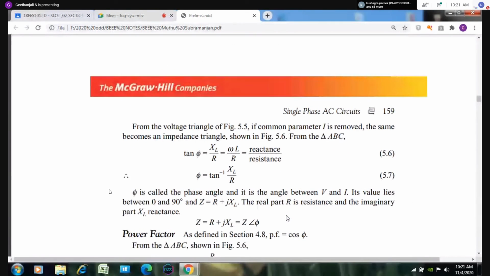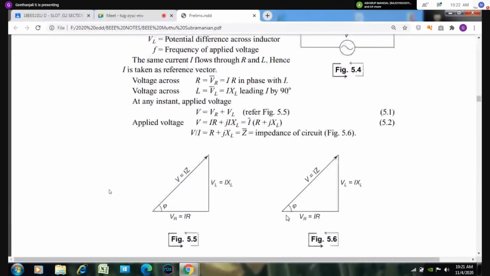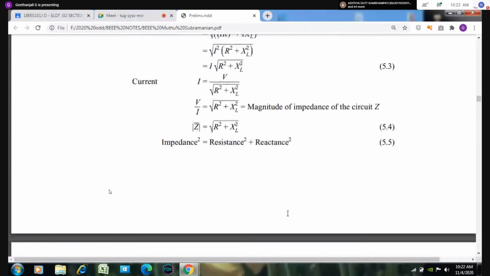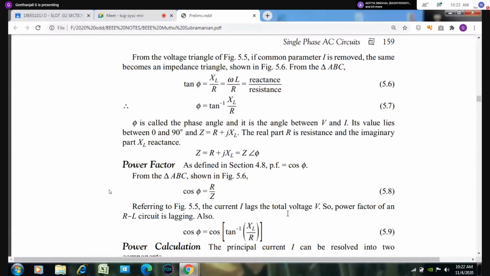Based on that, we are going to see tan phi. So this phi, where is it obtained? This is the phi. From the voltage triangle 5.5, if the common parameter I is removed, the same becomes an impedance triangle.